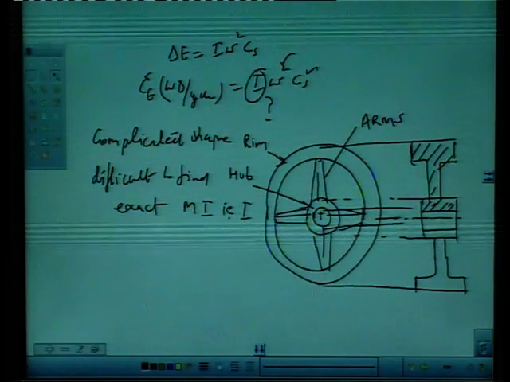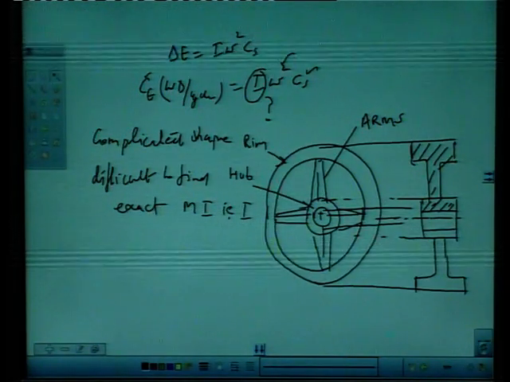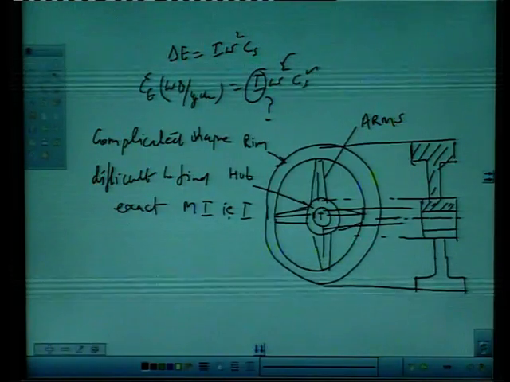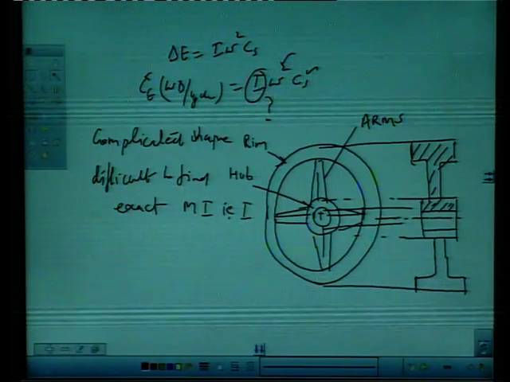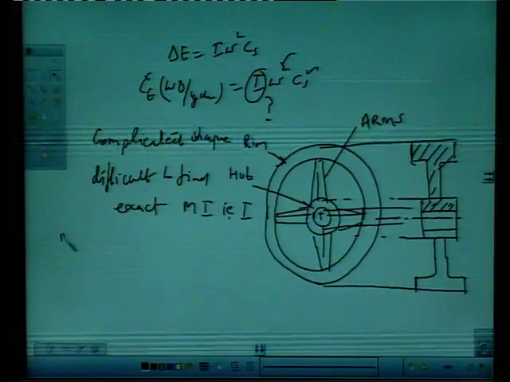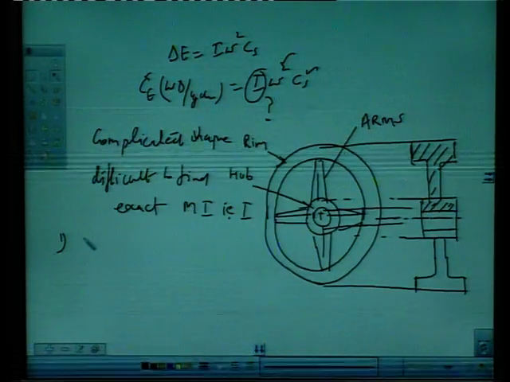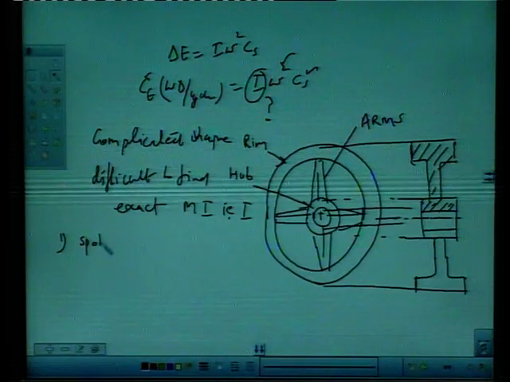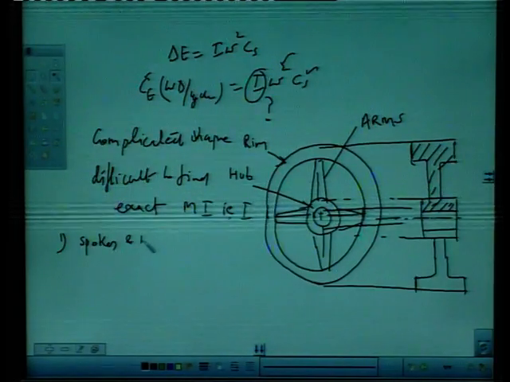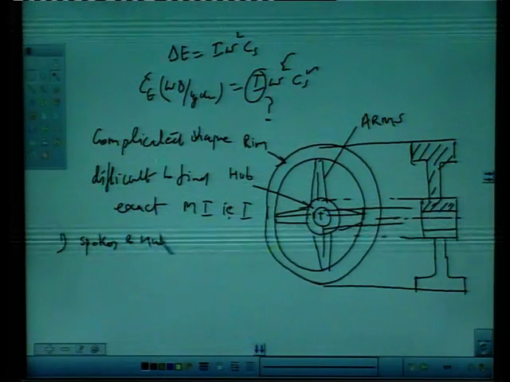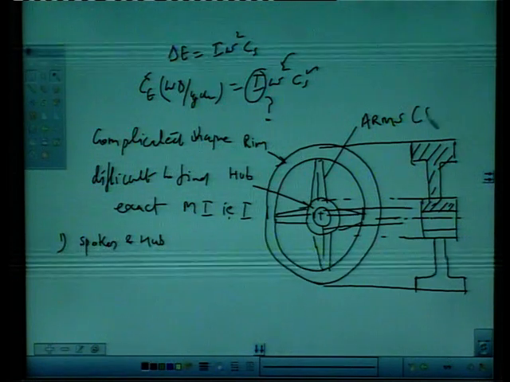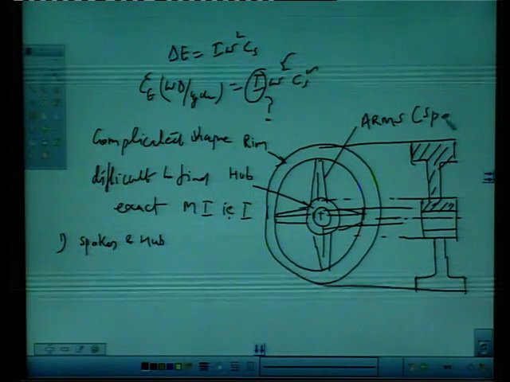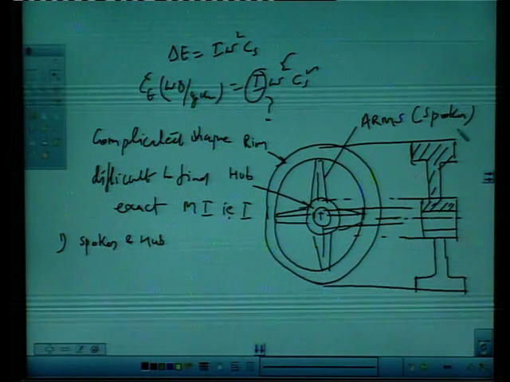That is why the analysis is done by having two assumptions. One is that the spokes and hub do not provide any moment of inertia. Arms are also called spokes.